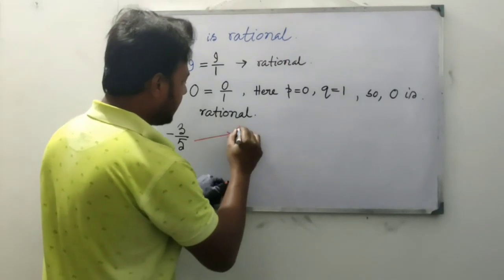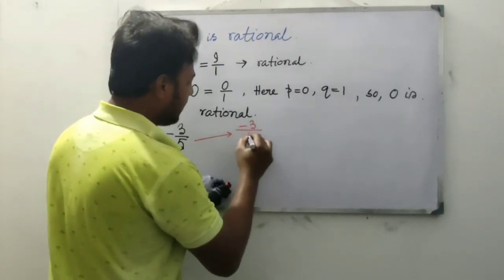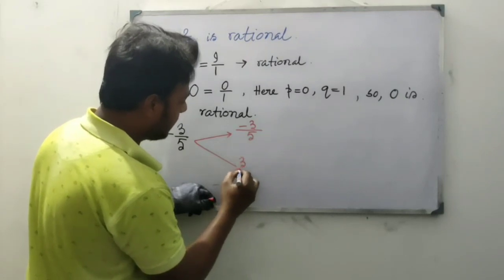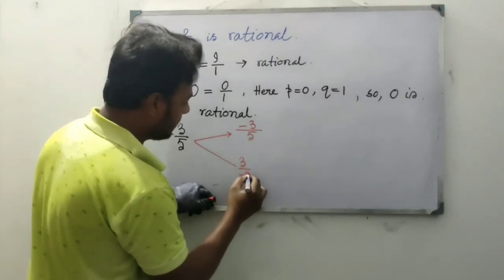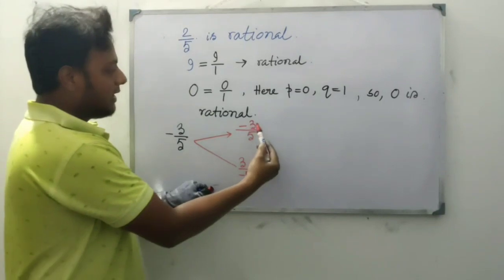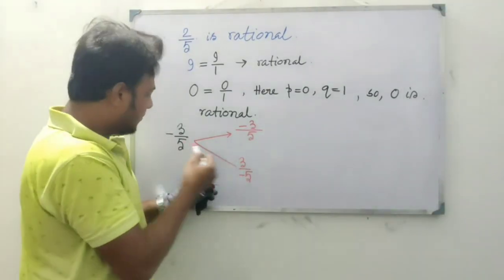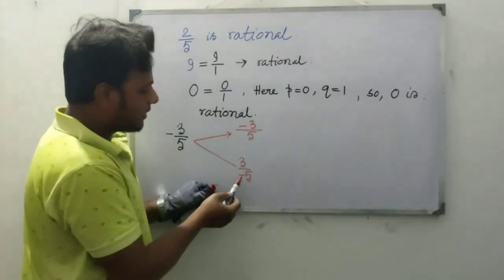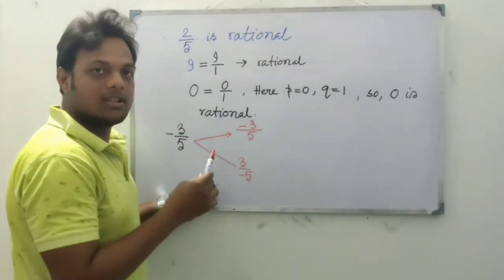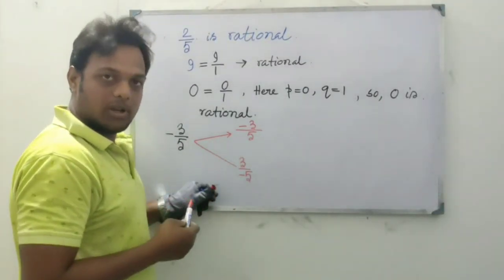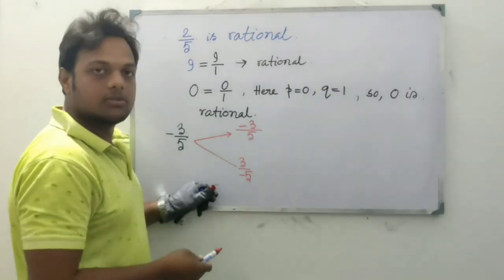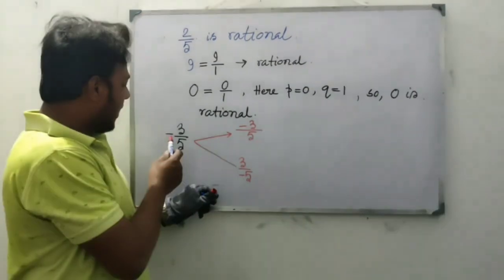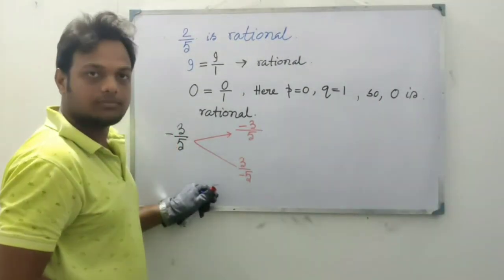One way is minus 3 by 5 and another way is 3 by minus 5. That means we can consider this minus with the numerator and with the denominator also. Actually these two both give us the same result, minus 3 by 5.